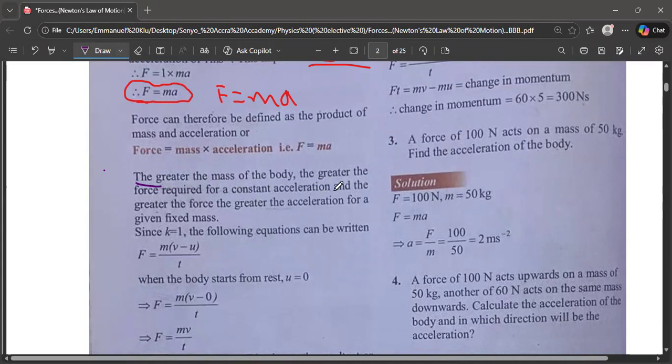If I say constant acceleration, that will keep the body changing velocity in a constant time interval. So anytime you see constant, it means the time is also constant. And the greater the force, the greater the acceleration for a given fixed mass.